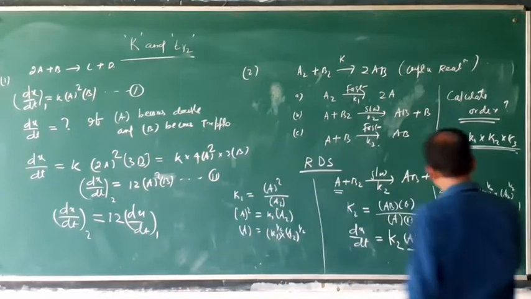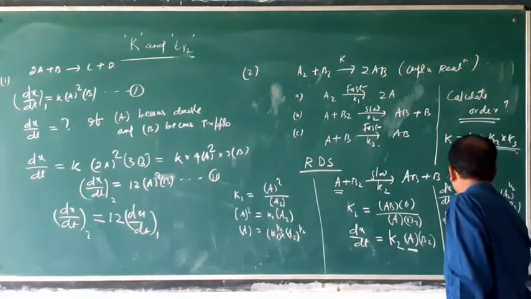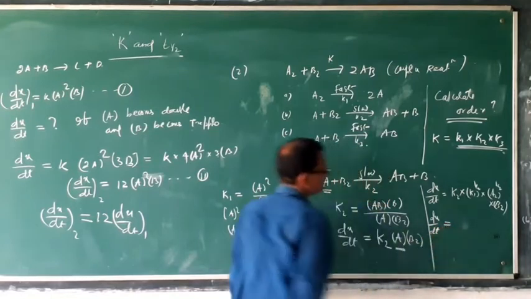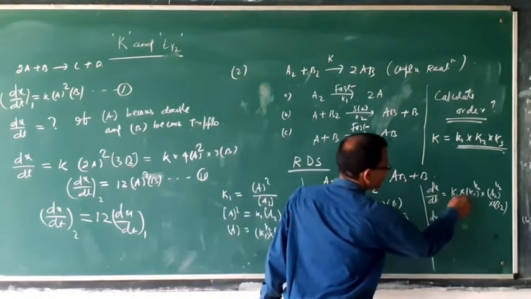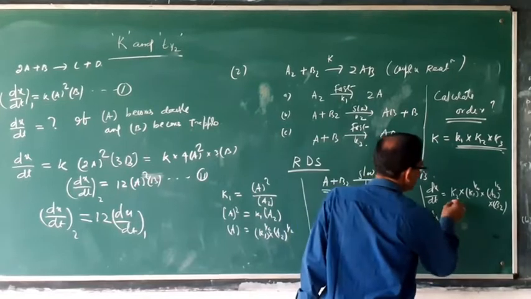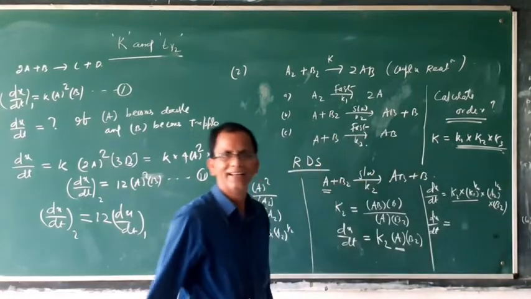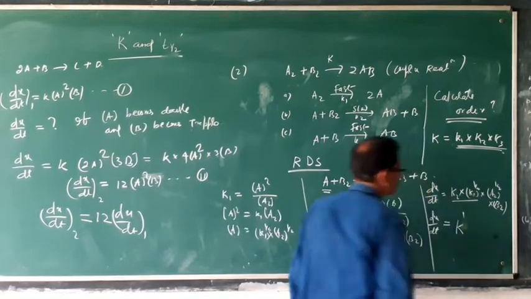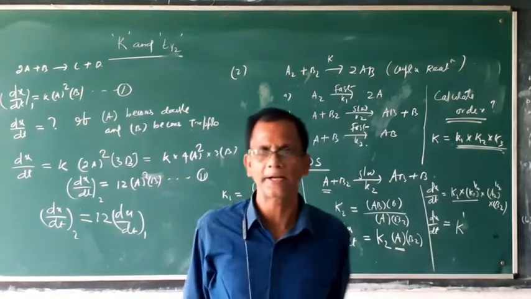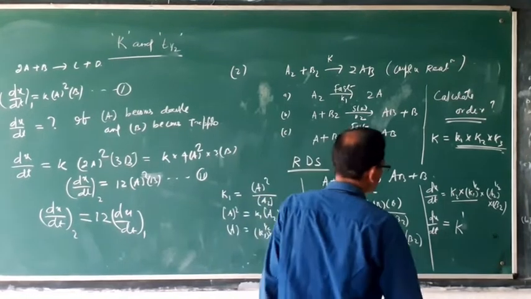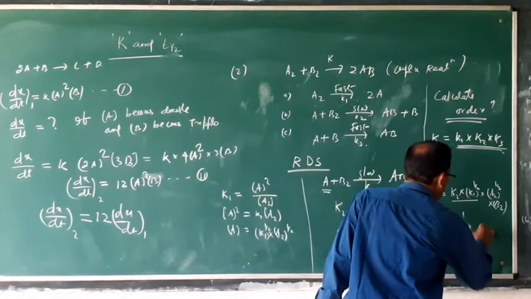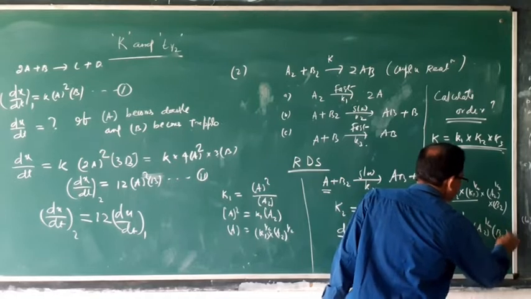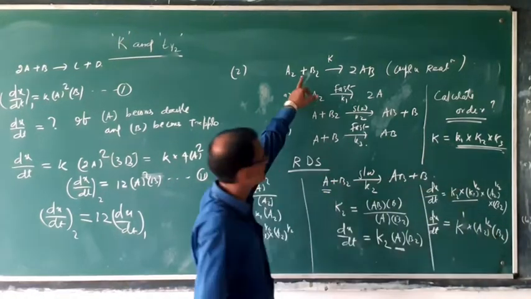Finally, what is the expression of rate? dx by dt is equal to K2 into K1. These two together we call K dash, the new rate constant, the product of two rate constants, into A2 to the power half, then B2.